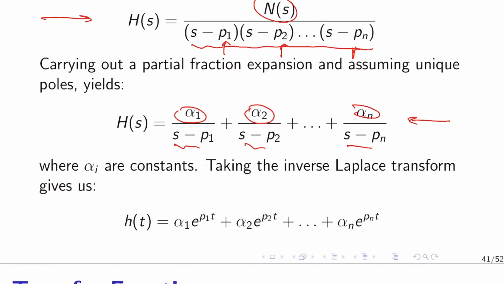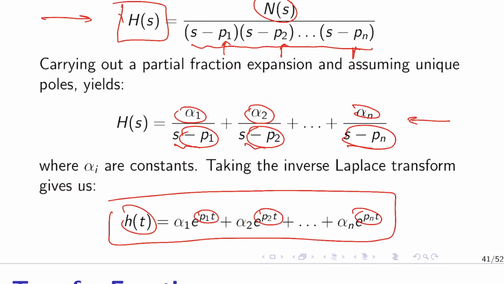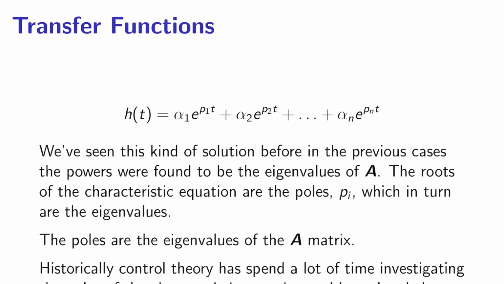If I take the inverse transform of this, I get this. So I'm taking the inverse transform of the transfer function. You see that the p's, the poles, all end up in the exponents. And of course, we know what those exponents were in the time domain solution. They were the eigenvalues.